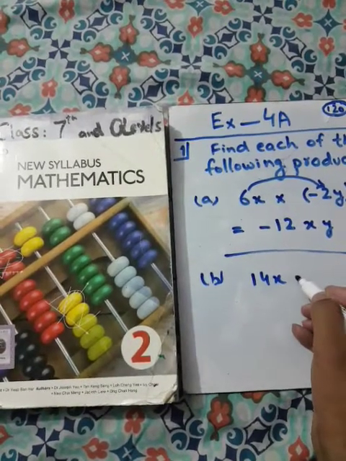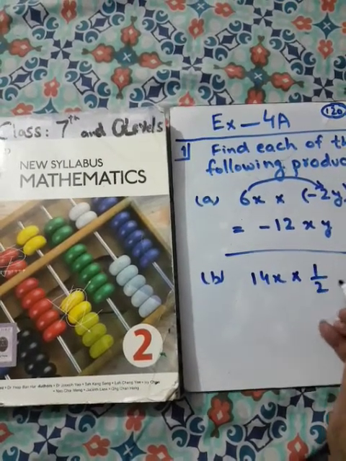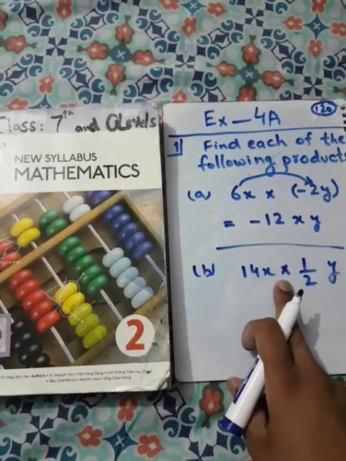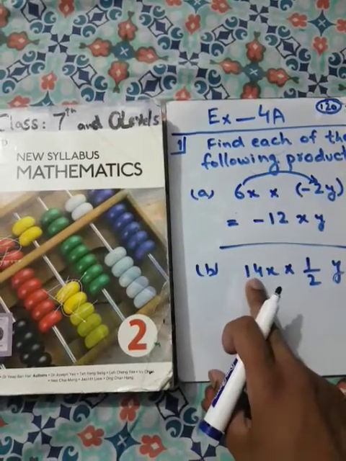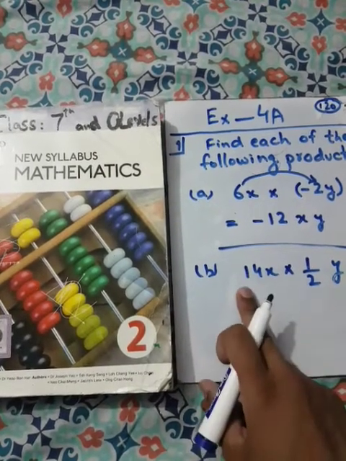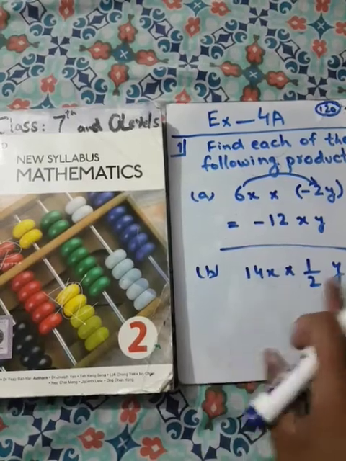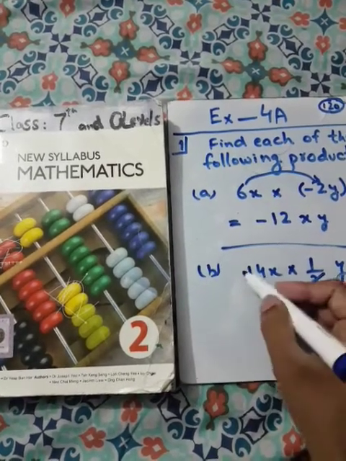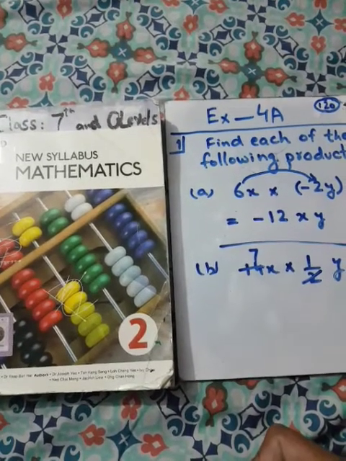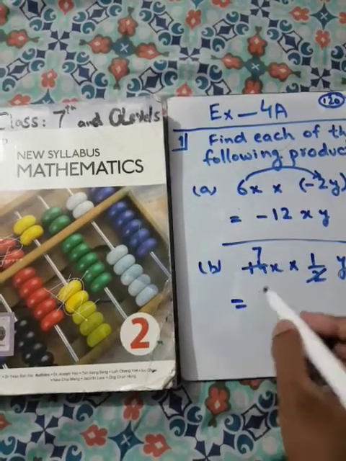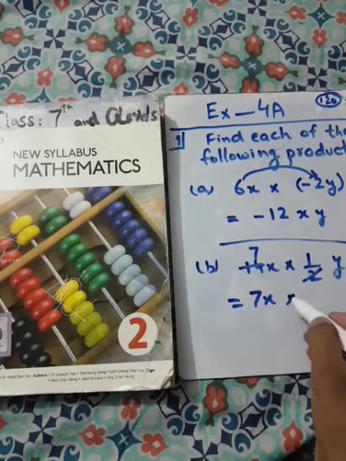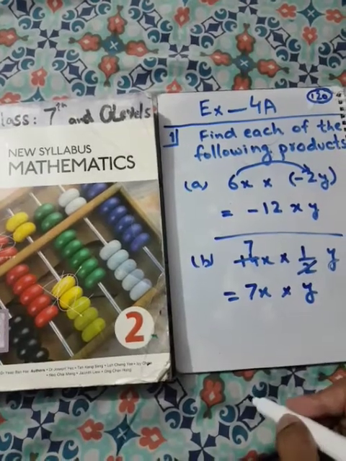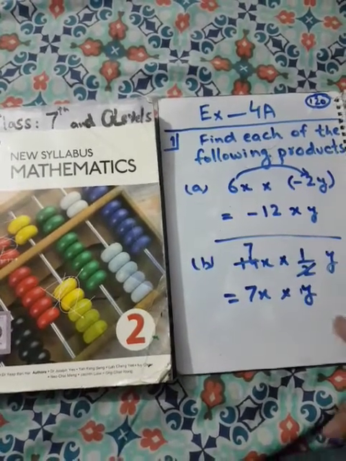14x multiplied by 1 over 2y. Since there is a multiplication sign in between, the 14 will be divided by 2. 14 is appearing as a numerator and 2 is appearing as a denominator. So 2 sevens are 14. 7x multiplied by 1y means y. 1 is invisible here.